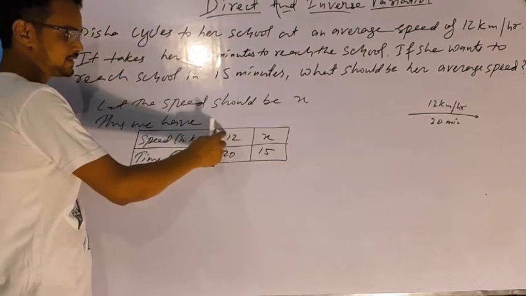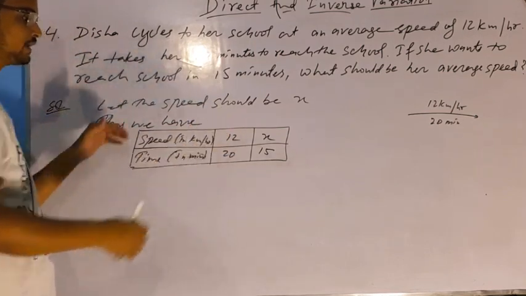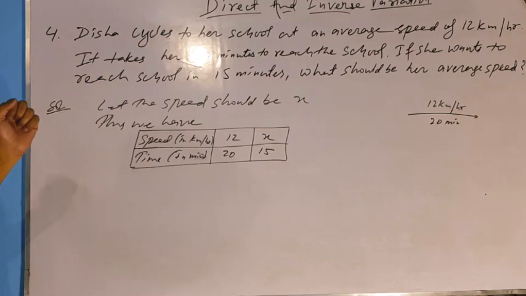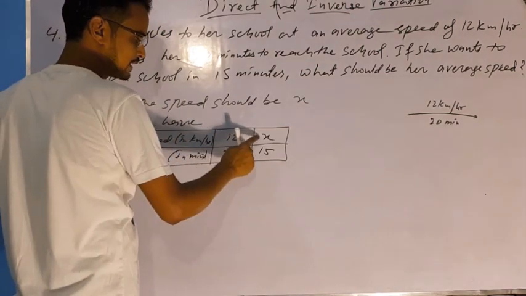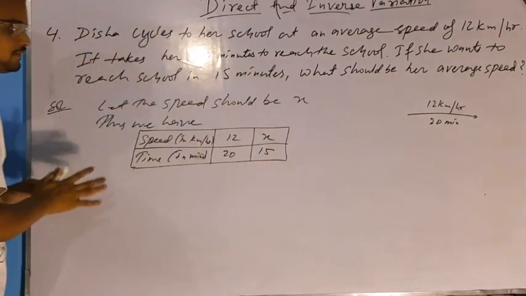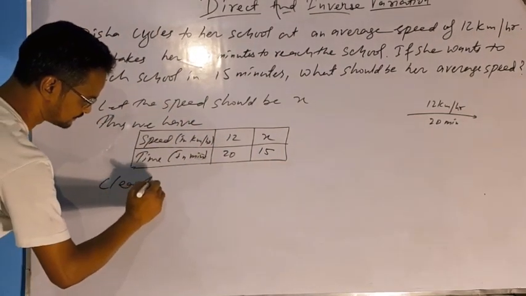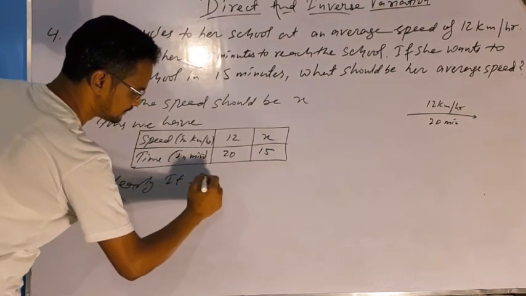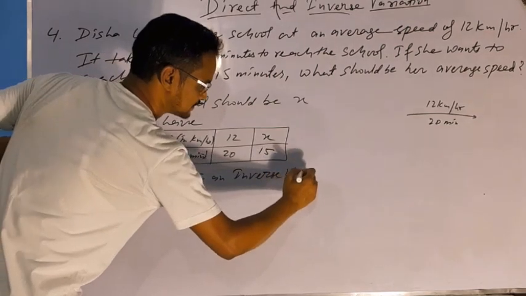There one quantity increases, therefore another quantity will decrease. Well, we have to take this as a case of inverse variation. Clearly, it is an inverse variation.